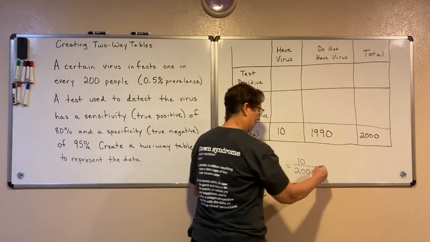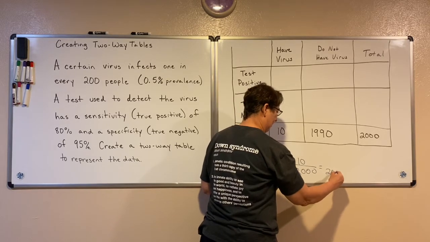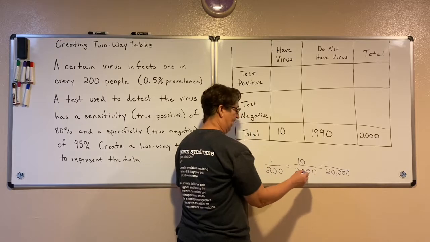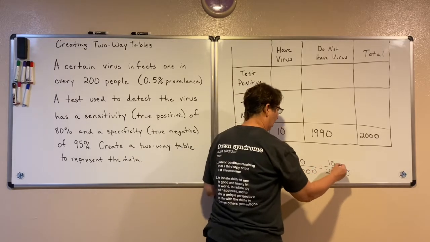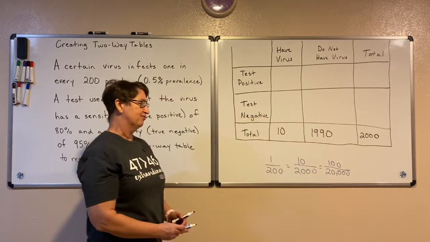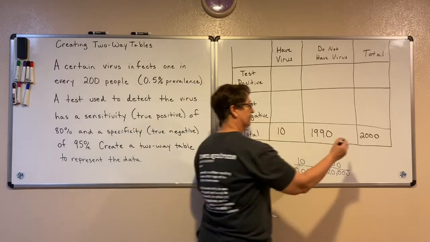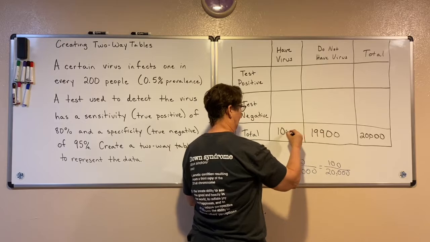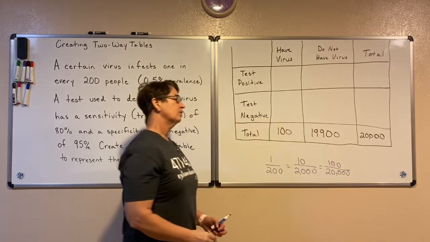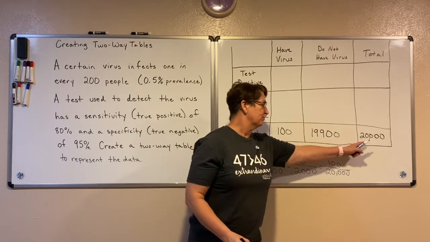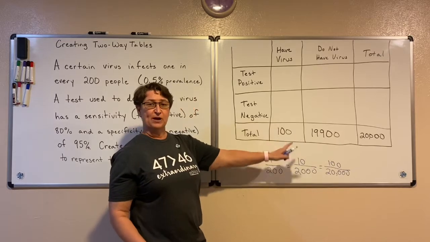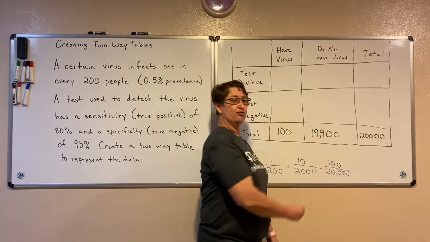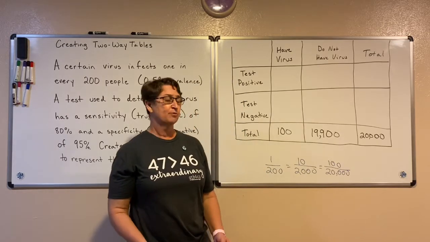Again, if my population is larger, say my population is 20,000 people, then I would expect 100 of those people to have the disease. Again, if I have 20,000, I add a 0 there, I add a 0 there, I add a 0 there. So if there are 20,000 people in my population, then I would expect 100 of them to have the disease and 19,900 of them not to have the disease.